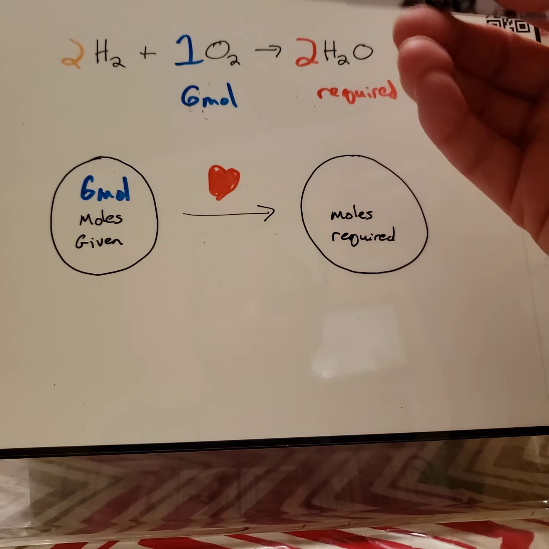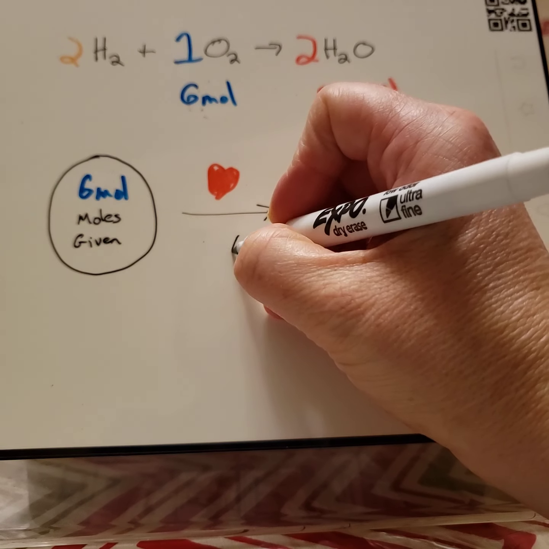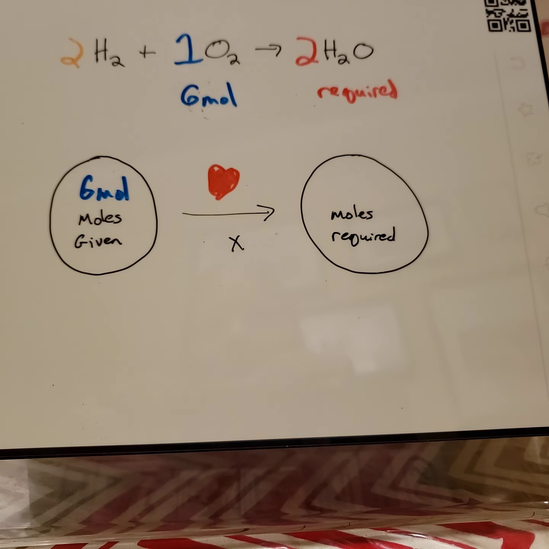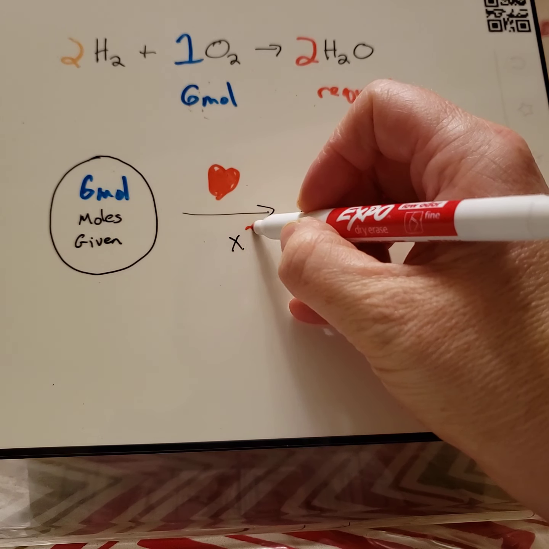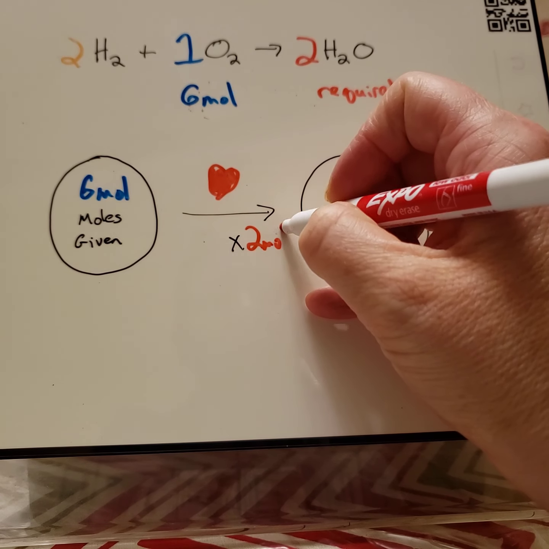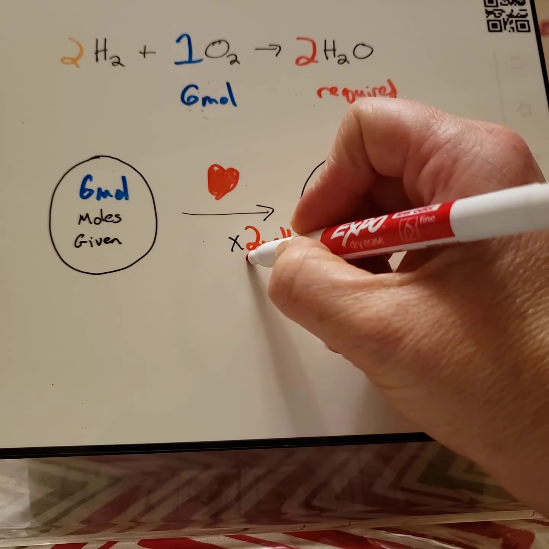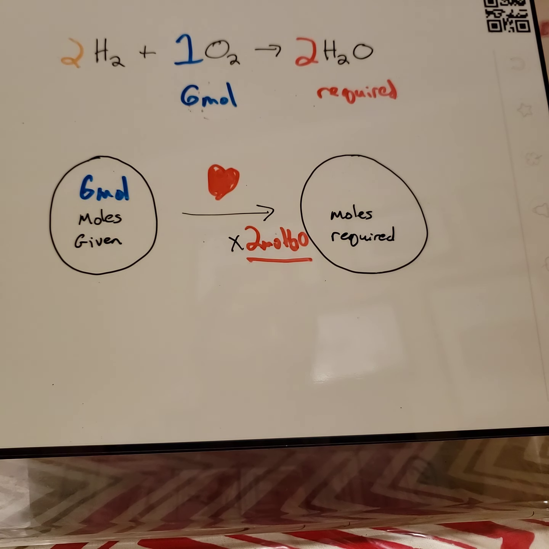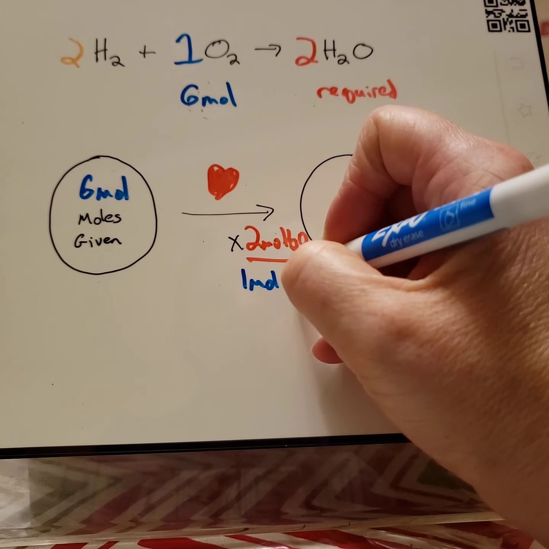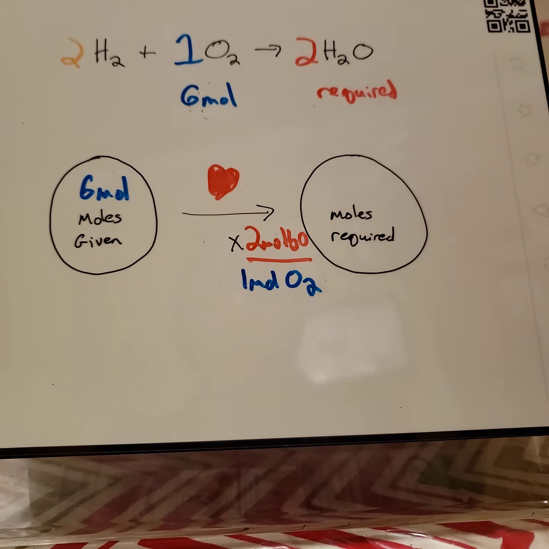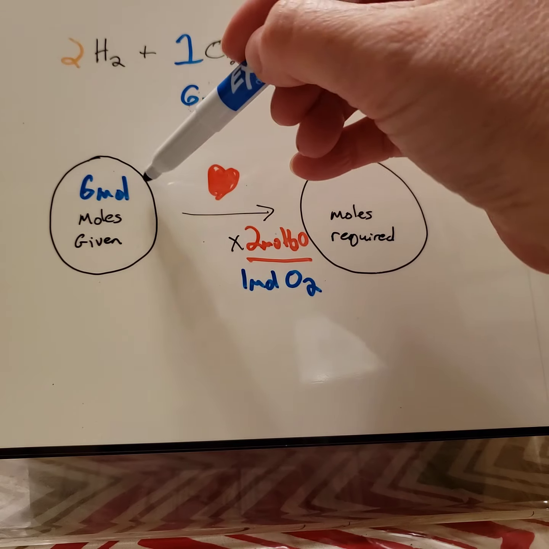Now, which one goes on top? Well, let's take a look. We're going to multiply by that 2 on top, because that's the one we want to end up with. So there's 2 moles of H2O for every 1 mole of oxygen. So if we simply multiply, we're going to bring that 6 down.